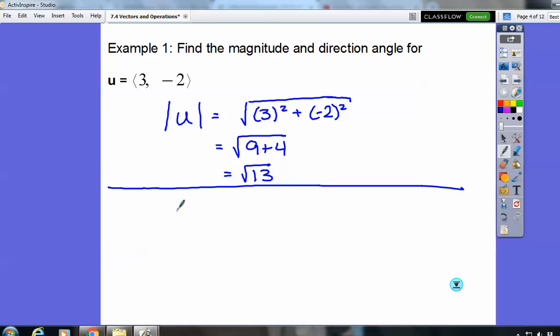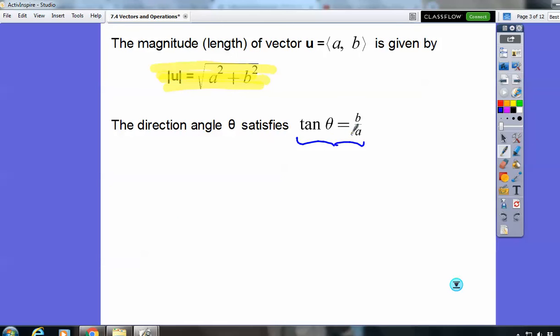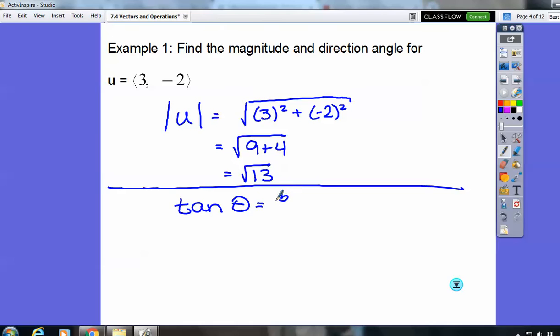The direction angle, we have to find theta. I told you that the angle is the one so that tangent theta is equal to what? b over a. So if we're going to set this up, tangent theta equals, what is my b, over a. Okay. I need to be able to solve for my theta.